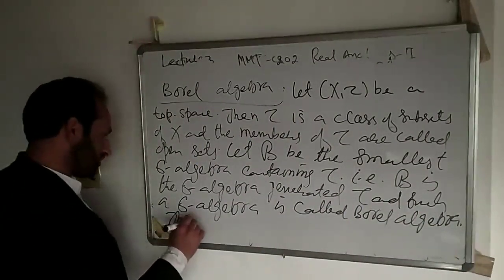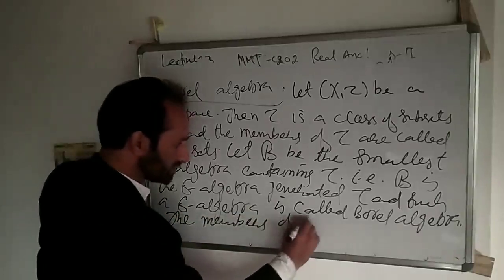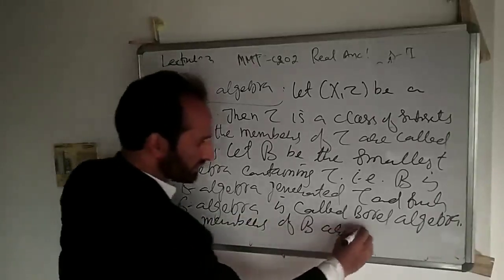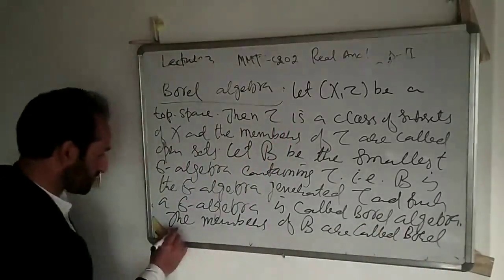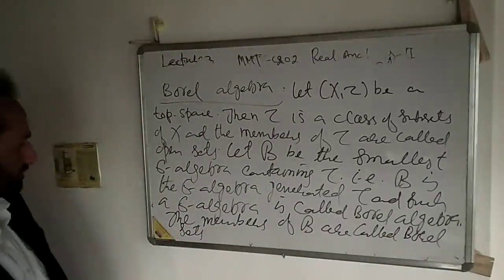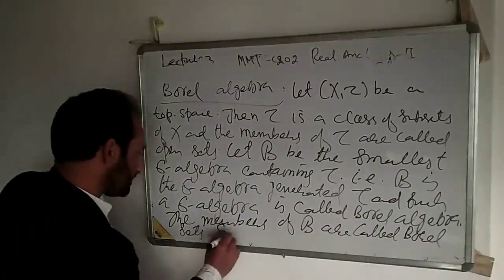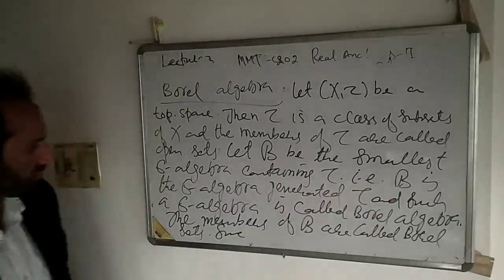The members of B are called Borel sets. Since they are members of this Borel algebra, they are called Borel sets.